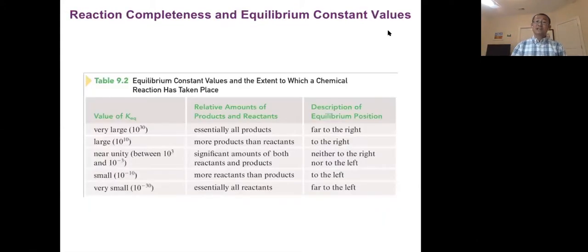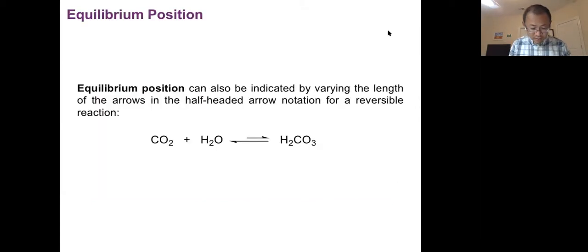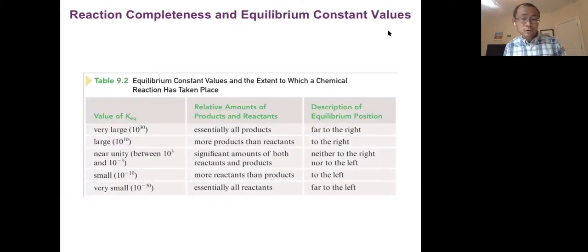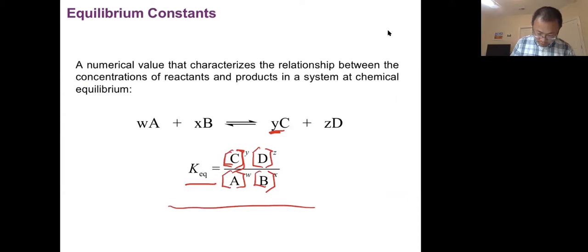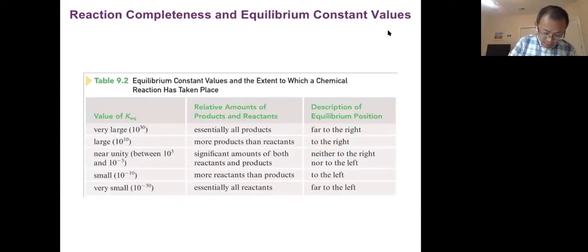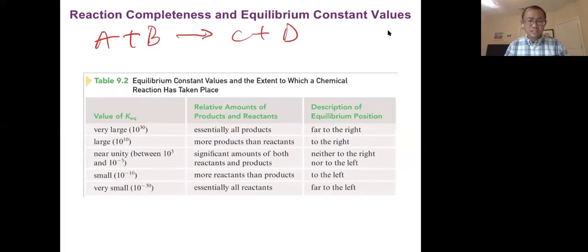Next, let's take a look. What does an equilibrium constant tell you? Why do we use it? Let's take a look at this reaction, A, B, C, D. Let's say the coefficients are all 1, to simplify.